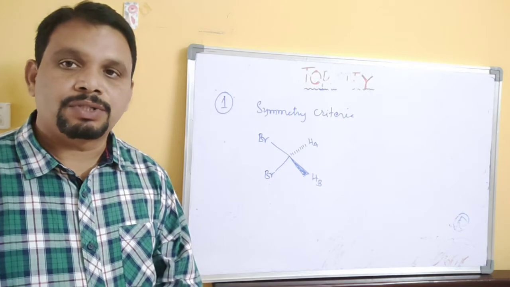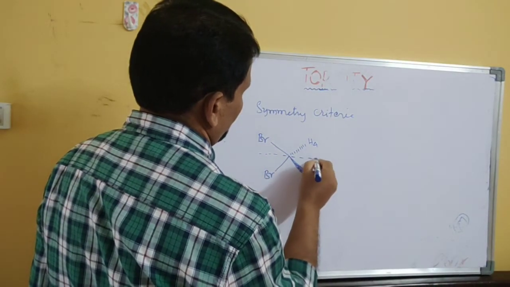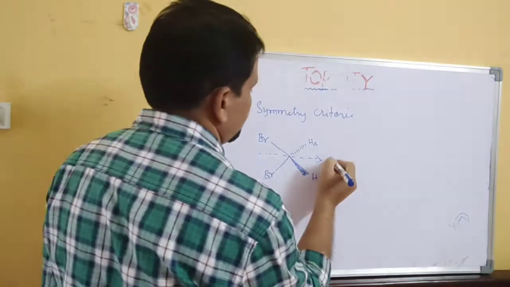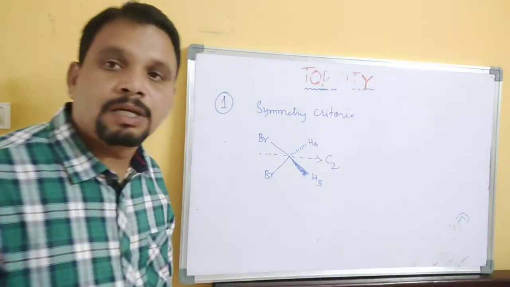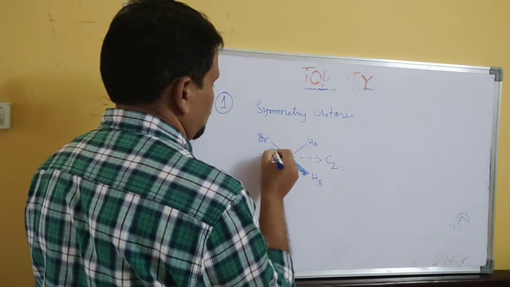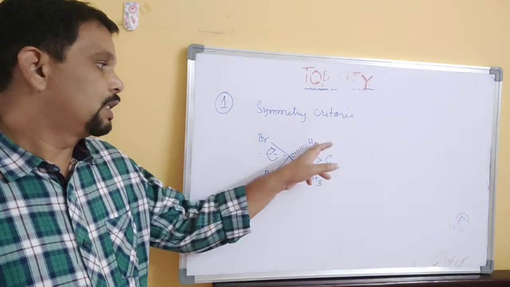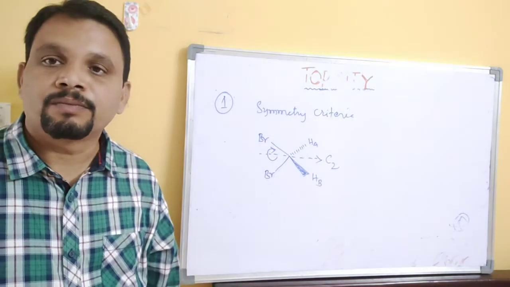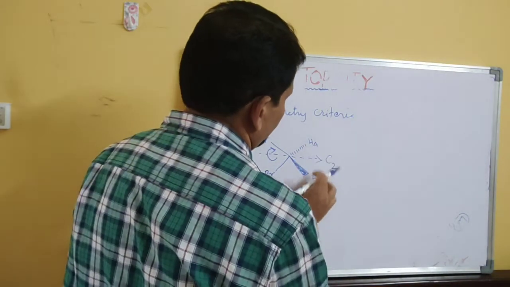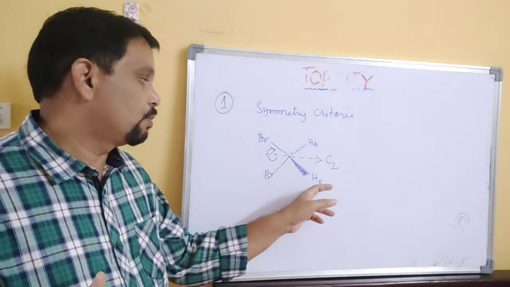How can we find out? It has a CN axis, that means a C2 axis of symmetry. If you rotate through this axis, both HA and HB are interchangeable or interconvertible. Therefore, they can be homotopic.